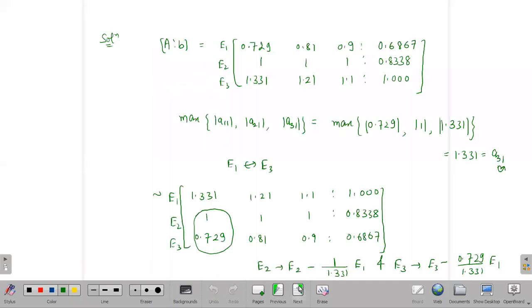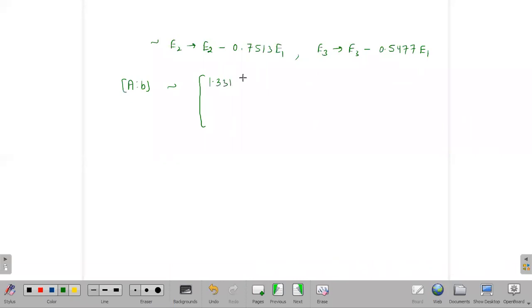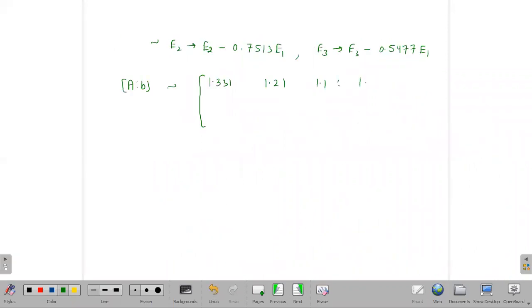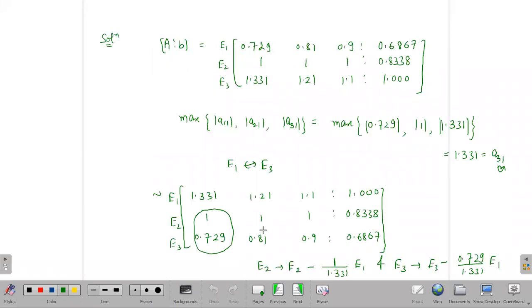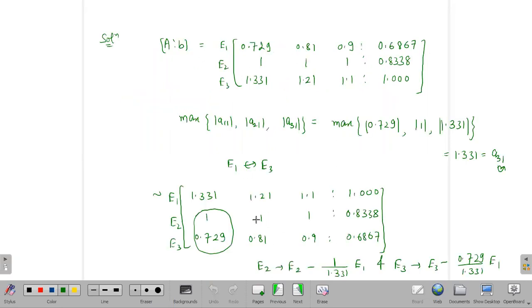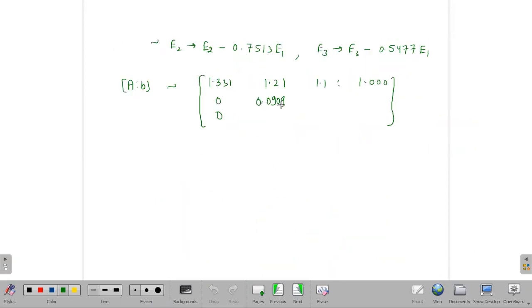So our first row will be same: 1.331, 1.21, 1.1, and 1. These operations will give you these elements 0 and then 1. So you will get these entries as 0.0909. I'm taking E2: this element 1 minus this number into 1.21, that will give you 0.0909.